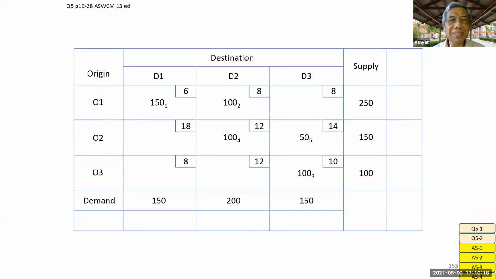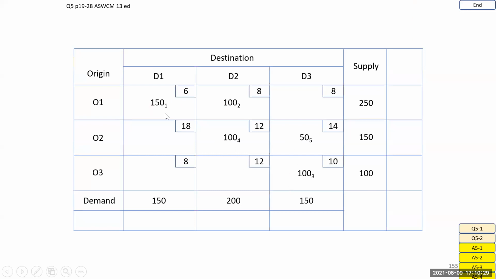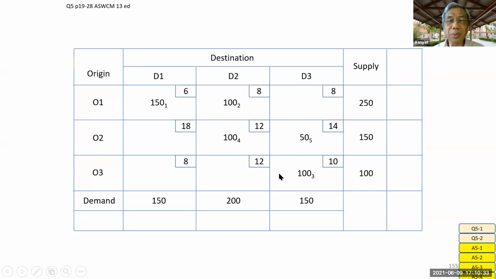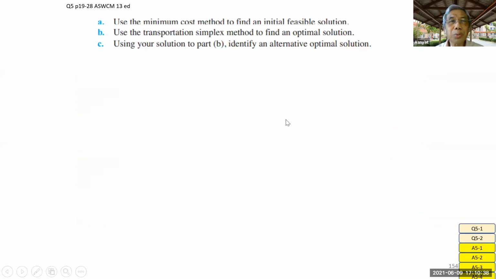What do you get? 5. Sorry to ask this little too simple question. Now, how many basic cells do we have? 5.